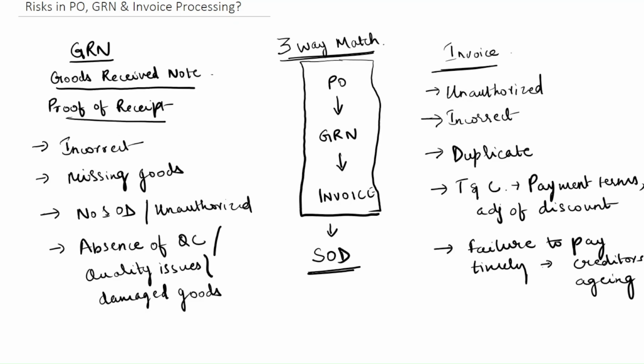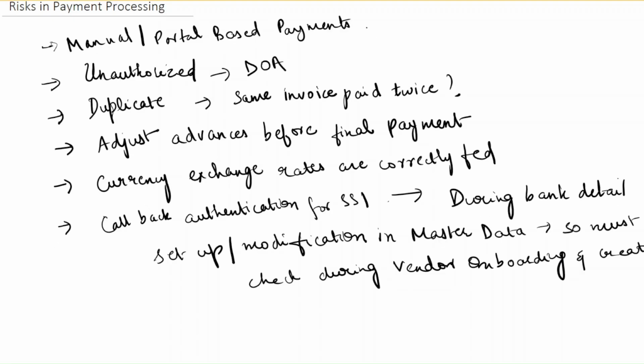You can also check whether the terms and conditions of the invoices are appropriate and whether there are any cash discounts that have not been availed by the company despite paying on time, and also check whether there have been any failures to pay the invoices timely. And in such cases, you can look for the creditor aging to see how the company plans to settle the balances of the creditors eventually.